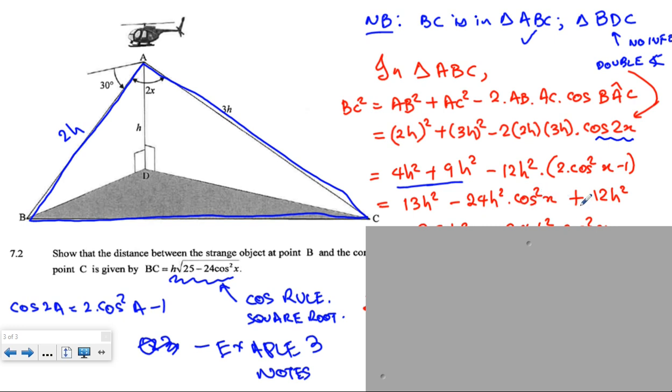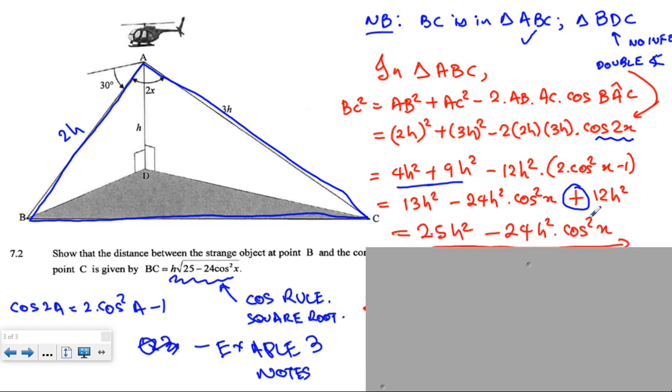Be careful, squares are flying around. Plus, and I made this mistake earlier, plus negative 12h squared times minus 1 is positive 12h squared. Be careful. When you add all your like terms now, you're going to get 25h squared minus 24h squared times cos squared x. We're getting there.